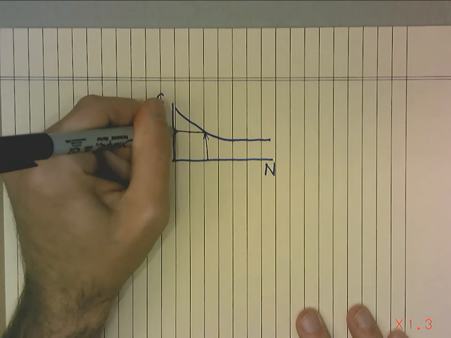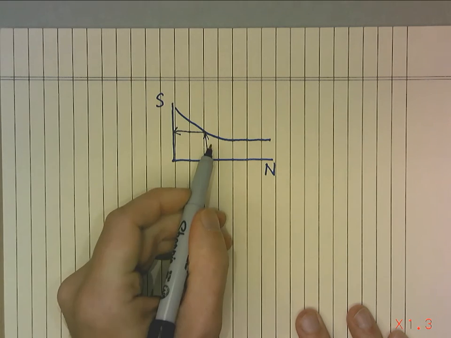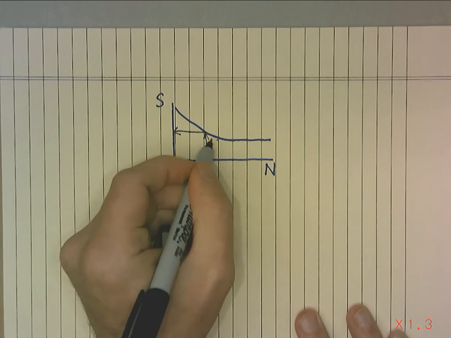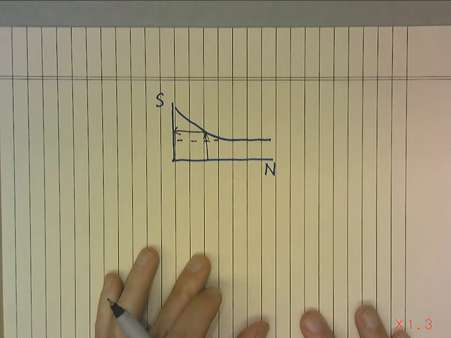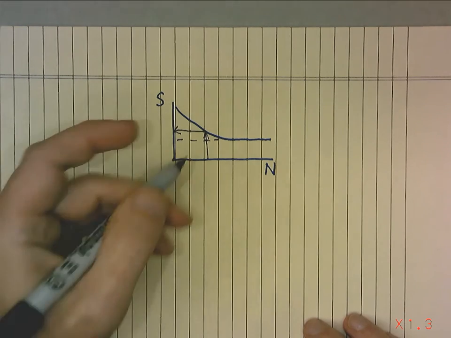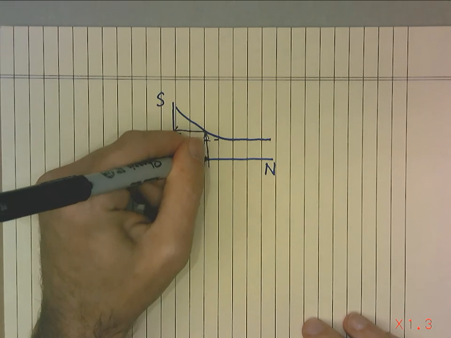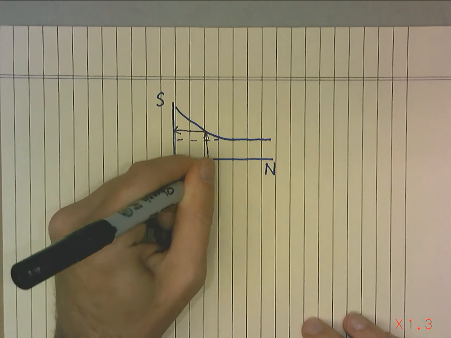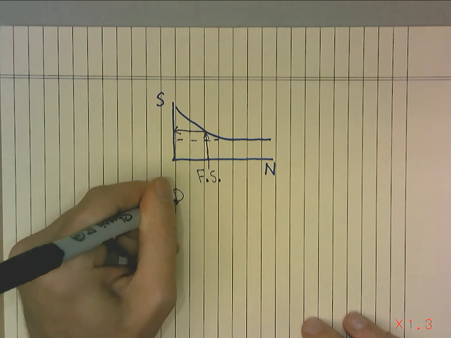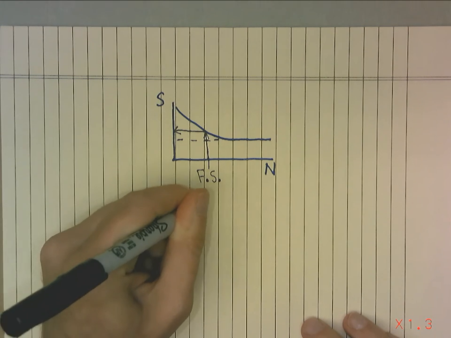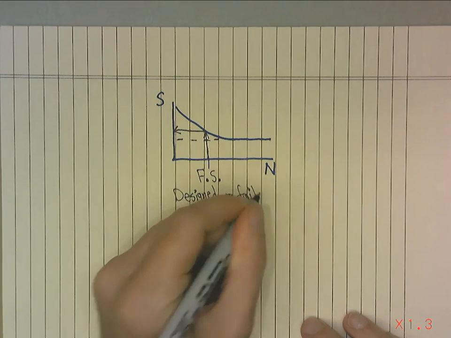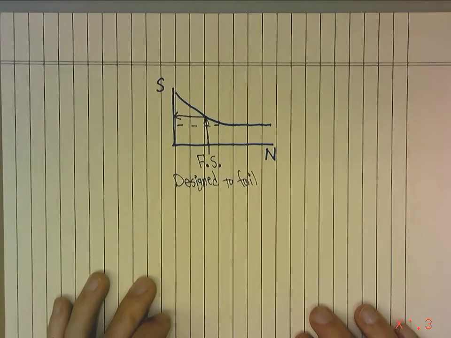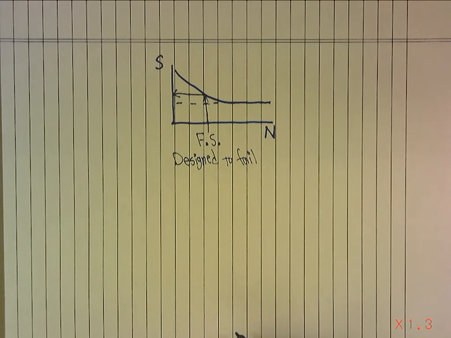Which means they are above our endurance limit, and they will fail. And they are designed to fail. So what does it mean if we're giving a fatigue strength? It means designed to fail.